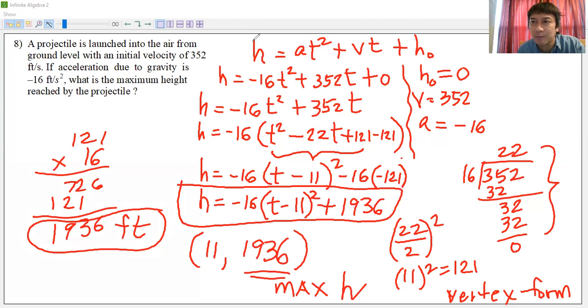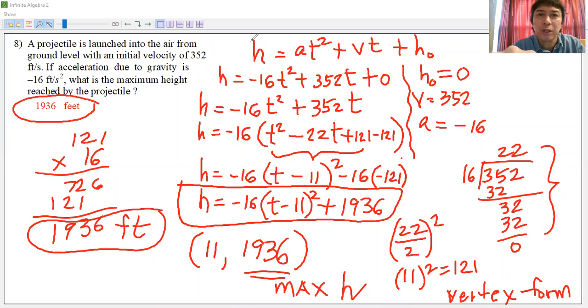After getting the vertex form, it's the tip. Remember, it's the maximum height. Let's verify. Here's the answer over here. What is the maximum height reached by the projectile? You only need to do the vertex form. You can do that by completing the square. So that's the answer, 1936.